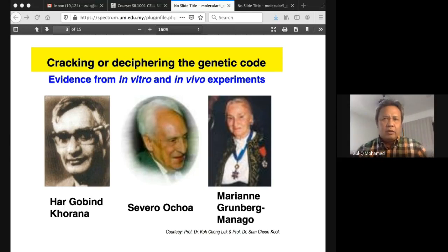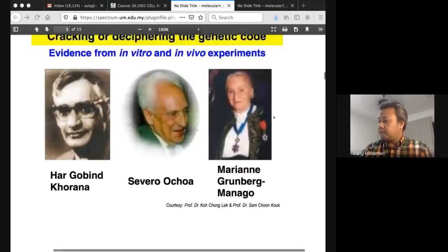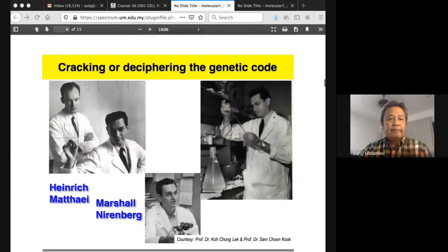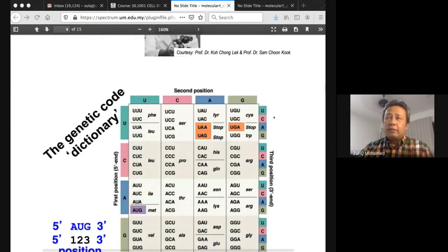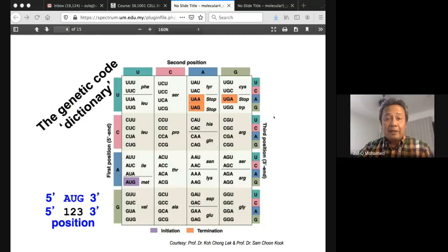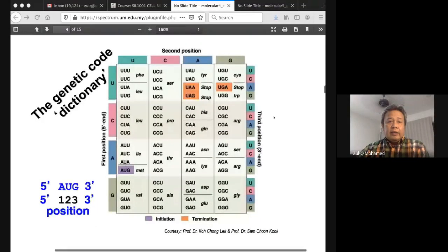So the progression continued until they realized it must be the language of the DNA. Then these are the people that were instrumental in deciphering the genetic code. Matthaei and Nirenberg, not all of them, but some of them actually received Nobel Prizes for their effort.